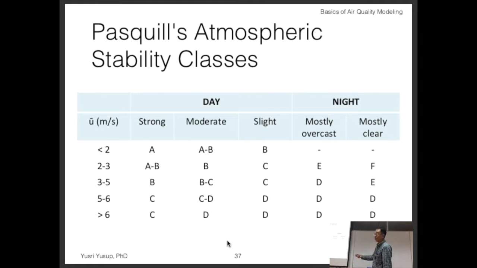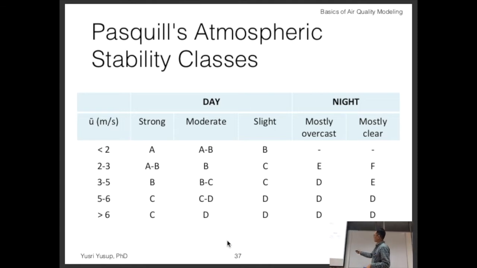If let's say the winds are very low, but the sunlight is very strong, then we can guess the atmosphere to be very unstable, A. If the wind is low, but there's a bit of clouds here and there, moderate sunlight, then it's between A and B. You can choose either A or B. If it's low, but there's more clouds in the sky, then it's B. So A is very unstable, B is, I think, moderately unstable, and C is weakly unstable.